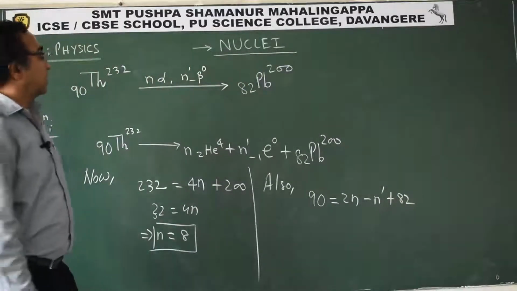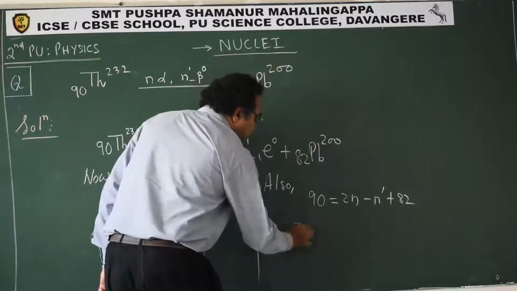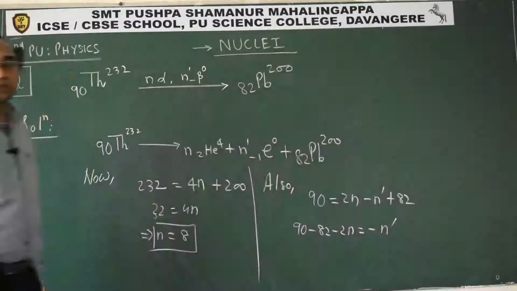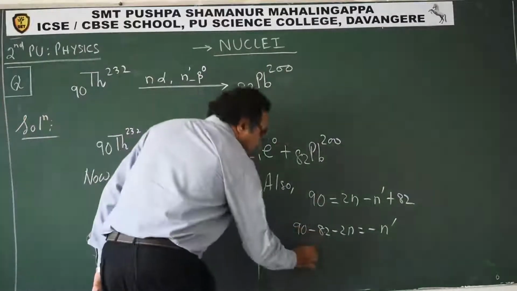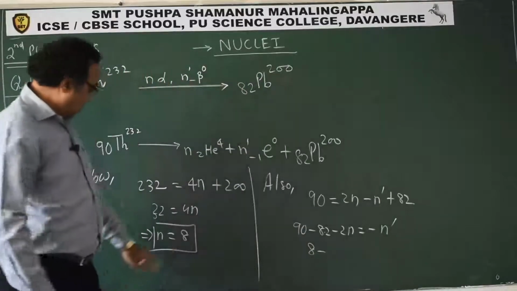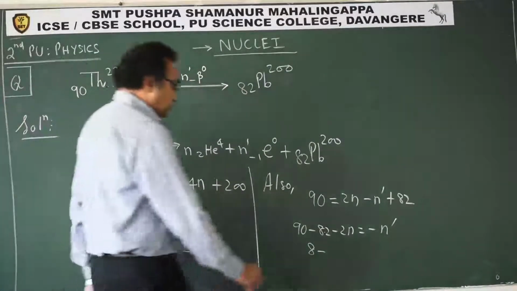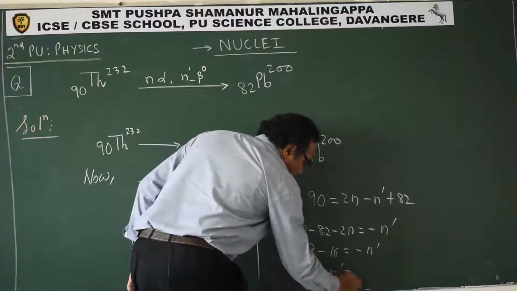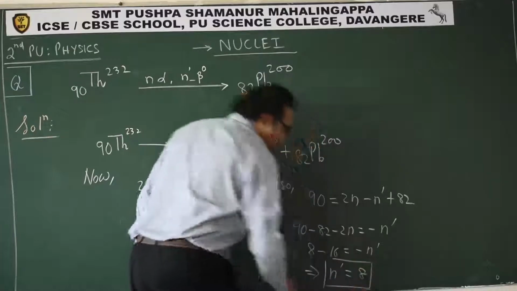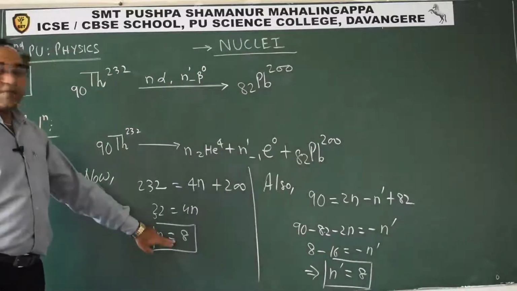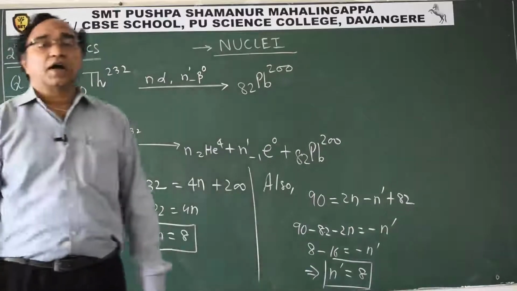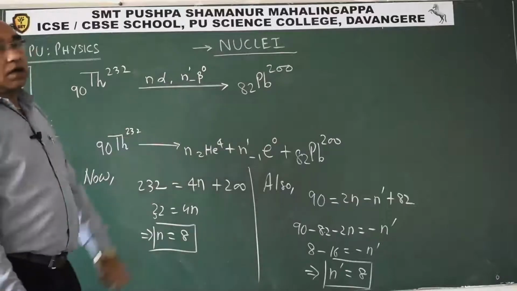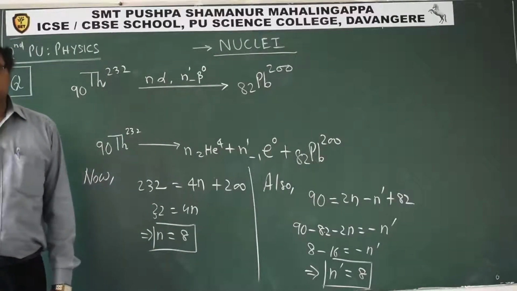So what we get? 90 minus 82 is 8, and 2n is 16, so 8 minus 16 is minus n dash. So we can say n dash is equal to 8. So 8 alpha particles and 8 beta particles are emitted in this process. That is exactly how we can find out the number of alpha particles and beta particles.